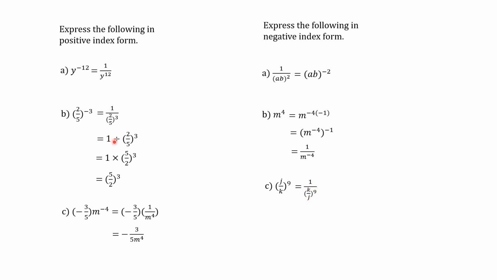When it's a division, you flip the numerator and denominator. So when I write it as division, I need to flip it. And this equals k over j to the power of negative 9, because 1 over is negative power. So that's it.